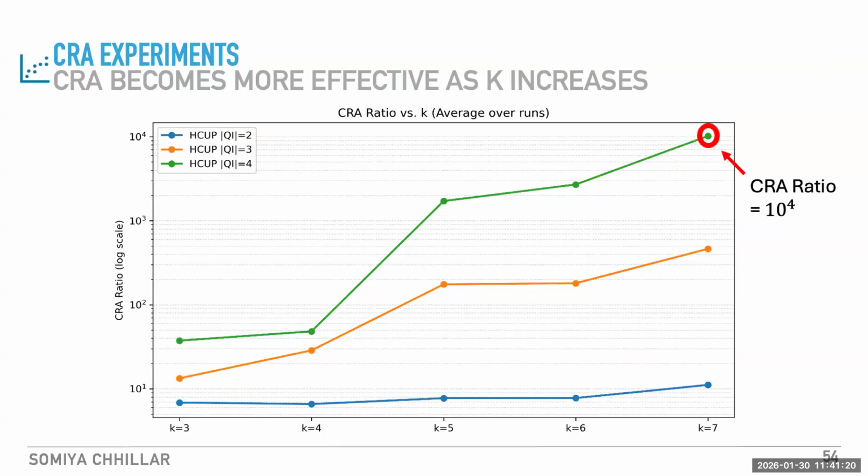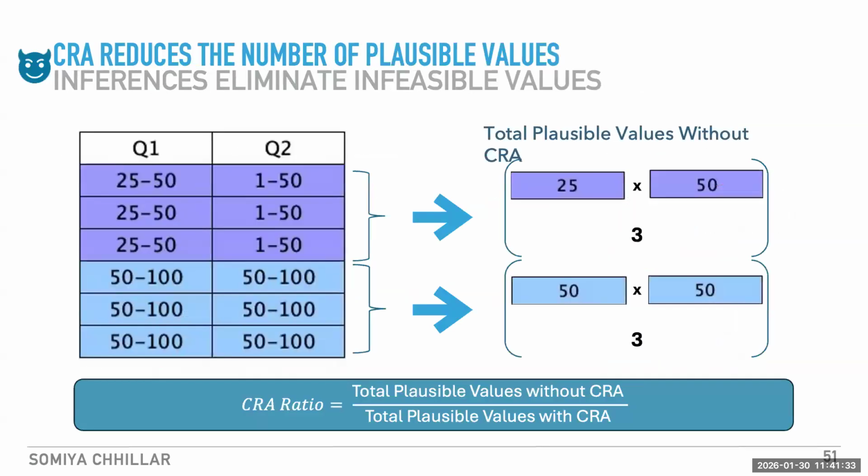So that means the attack is more efficient. Yes, it's more efficient. I forget whether the denominator was without or with CRA. Sorry, the denominator is the total values with CRA.